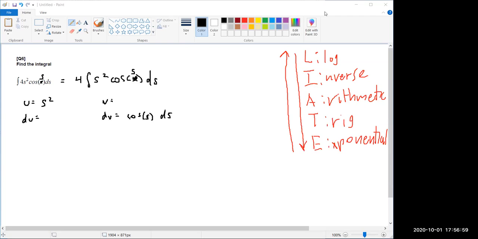I've never heard of it, but if you found something that helps you decide which one's better, by all means, you can use it. I didn't learn many acronyms. I didn't know what SOHCAHTOA was until I taught pre-calculus.